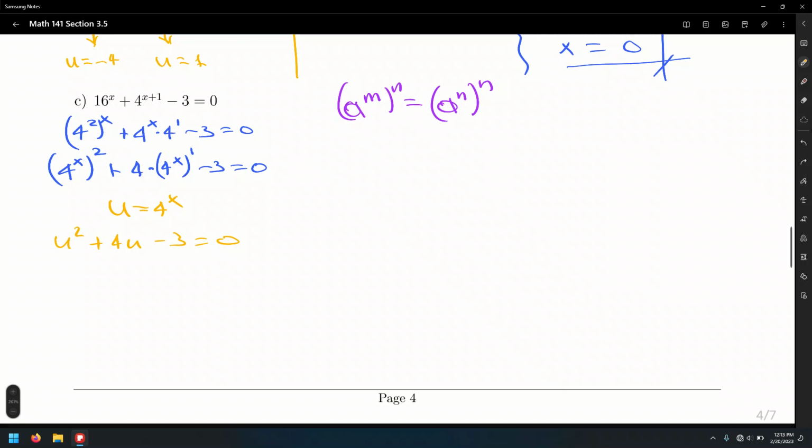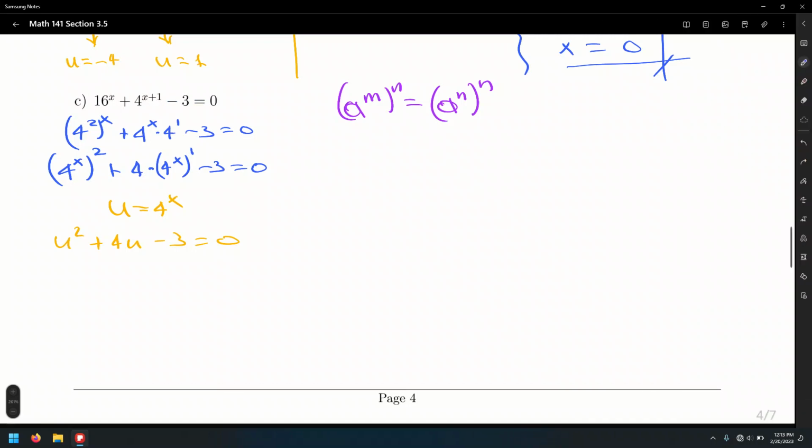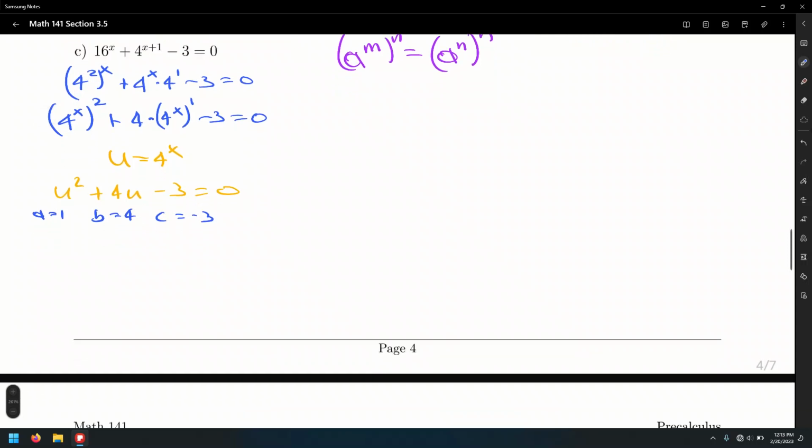So let's go about it. In this case, a equals 1, b equals 4, and c equals -3. We need those three quantities to use the quadratic formula.